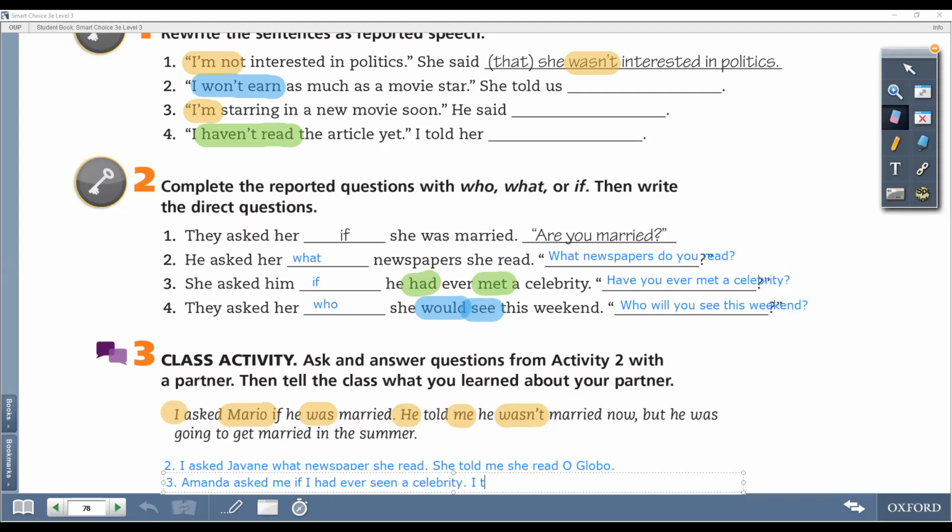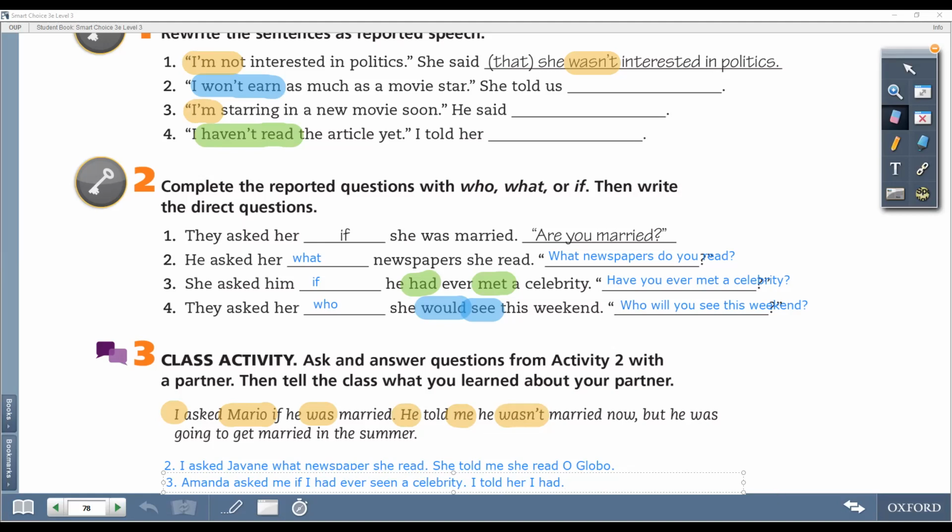I told her I had, okay? Because my answer to Amanda was, oh yes, I have. So when Amanda asked me, Simone, have you ever met a celebrity? I said, oh yes, I have. So Amanda asked me if I had ever seen a celebrity. I told her I had, okay?